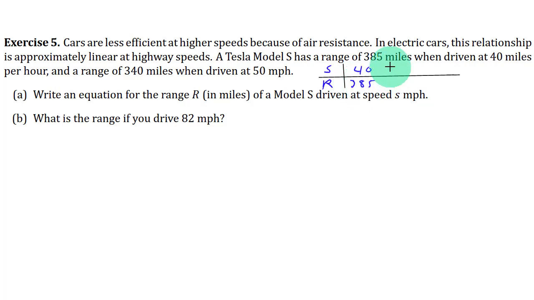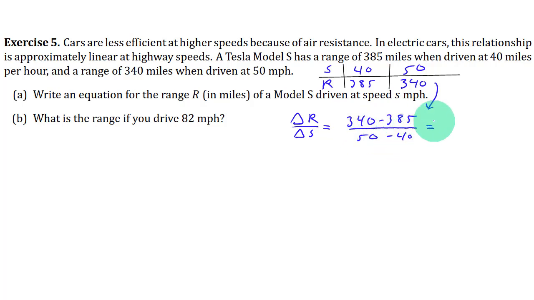And when S is 50, R is 340. So using that, you can get the rate of change. I'm going to do R1 minus R2 and S1 minus S2. So that would be 340 minus 385 divided by 50 minus 40.